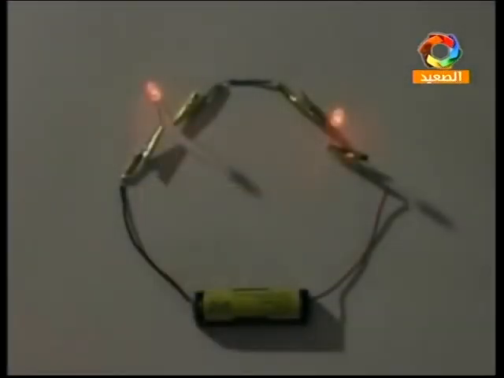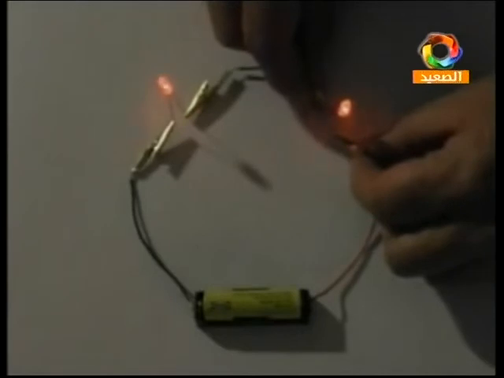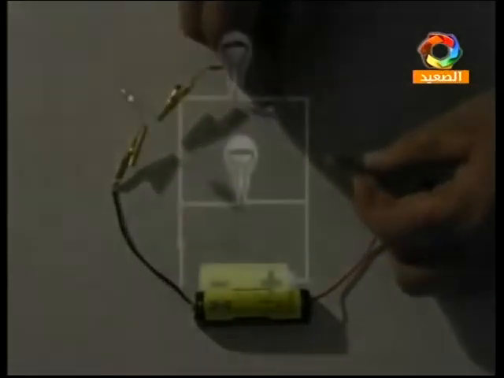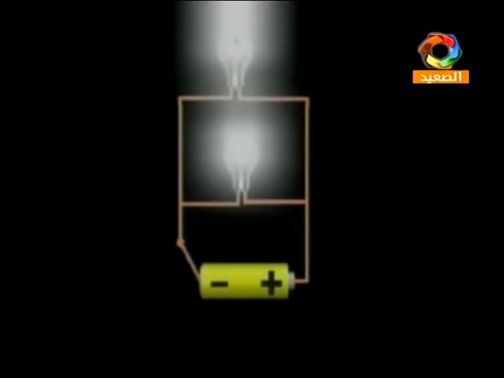Because it is a series connection. If you remove one of these lamps or open the circuit like this, we have no connection or no electric energy in either of them. But in the parallel connection, we have the two lamps like this, and the light is still found in the two lamps.